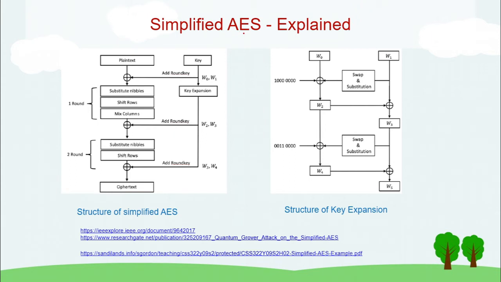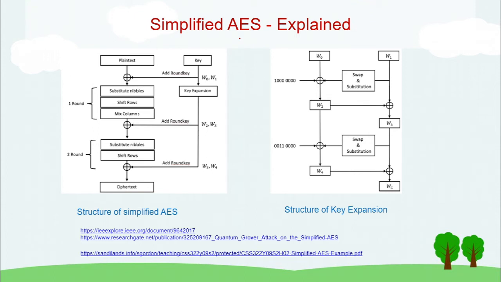AES is the best example, but unfortunately today, with available quantum simulators or quantum computers, we will not be able to implement it. But still people are working on a lot of optimization techniques, so that when the real hardware is available, we'll be able to crack it with fewer qubits and fewer gates.